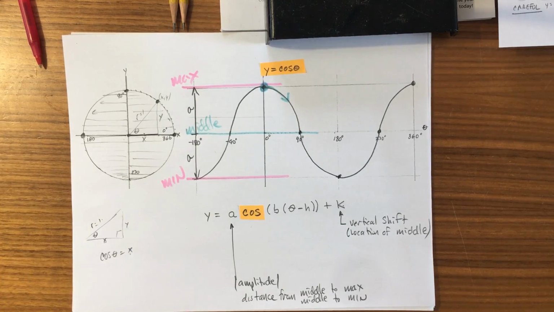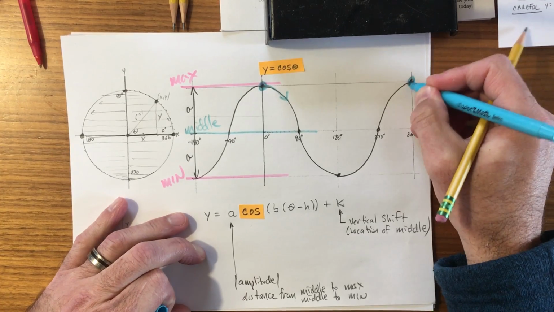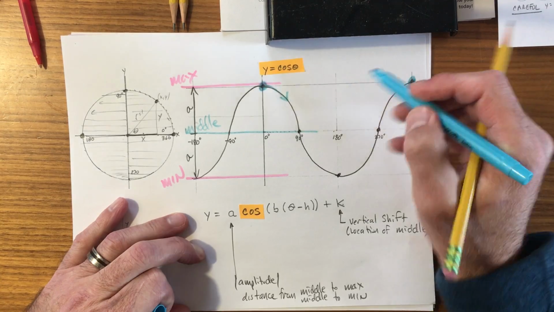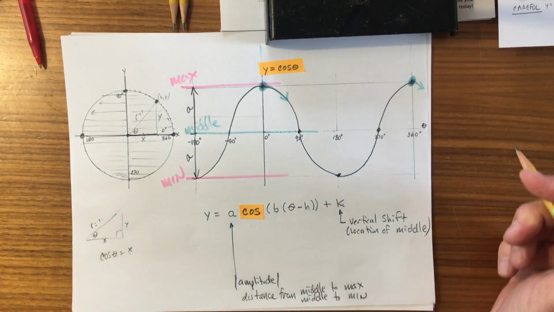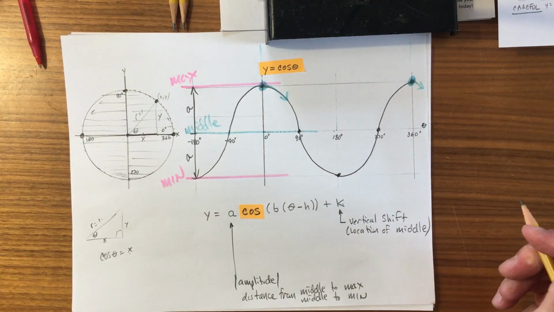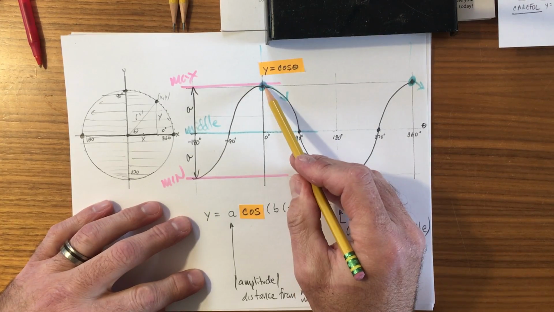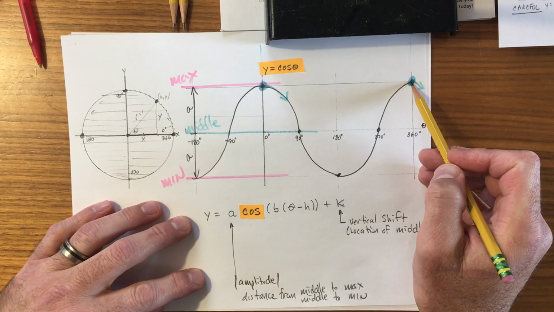Okay? Now, what'll happen is it'll go down, it'll come up, and it'll come back up to the max, and that is another starting point. And the distance from there to there is the period. And when it goes from max to max, that is one cycle.